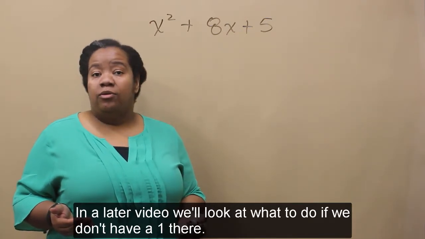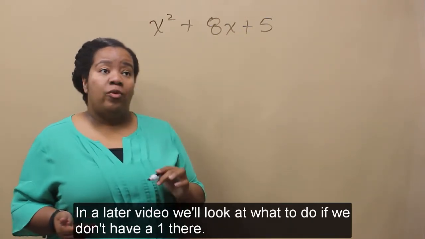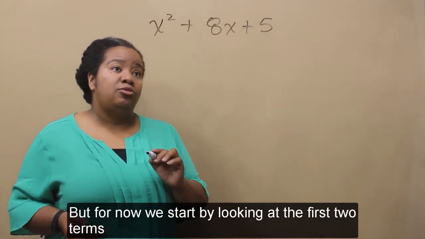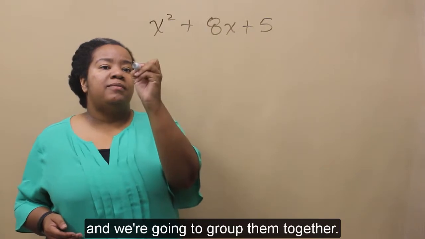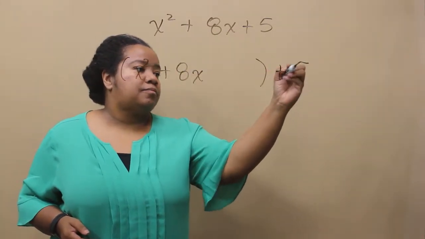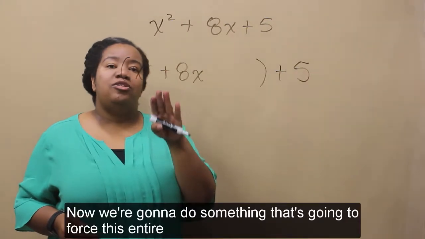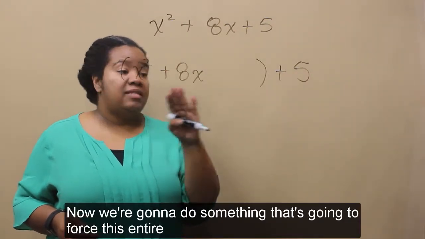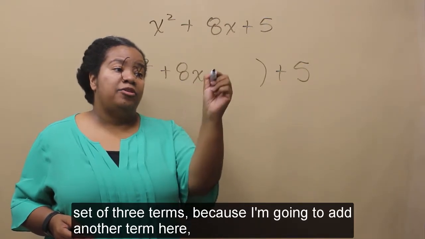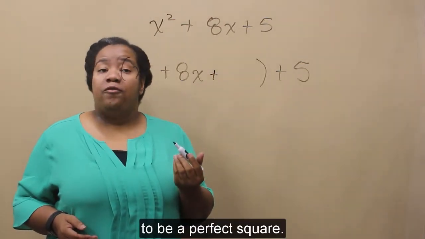In a later video, we'll look at what to do if we don't have a 1 there. But for now, we start by looking at the first two terms, and we're going to group them together. Now, we're going to do something that's going to force this entire set of three terms, because I'm going to add another term here, to be a perfect square.